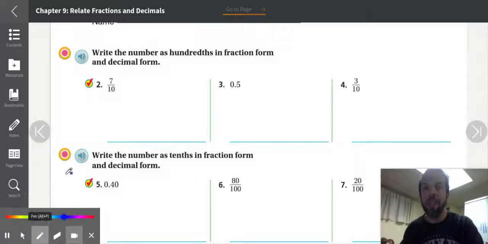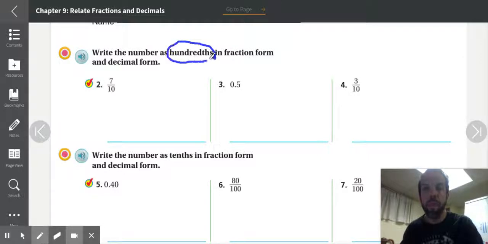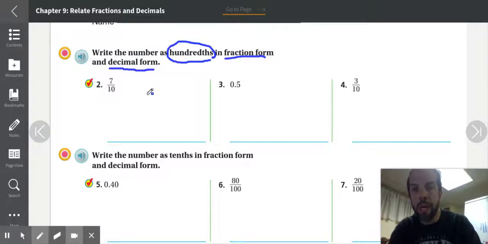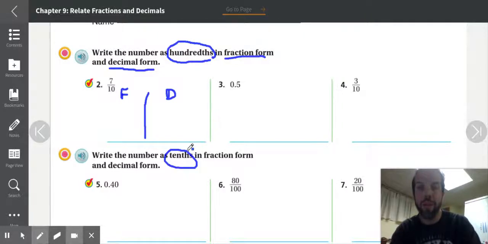And I want you to pay attention to the directions. It says write the number as hundredths in fraction form and decimal form. So what I would do is I would write your fraction here on this side and then your decimal here. And circle hundredths, guys. Okay? For 5, 6, and 7, you're not doing hundredths. Here you're doing tenths. Okay?